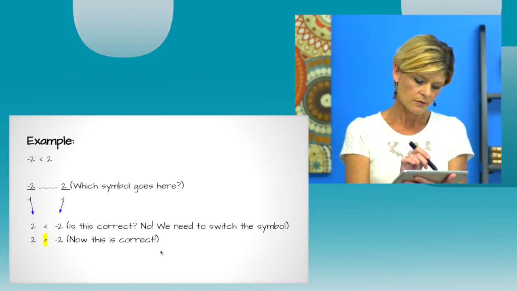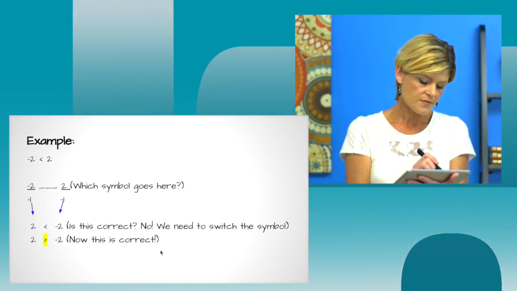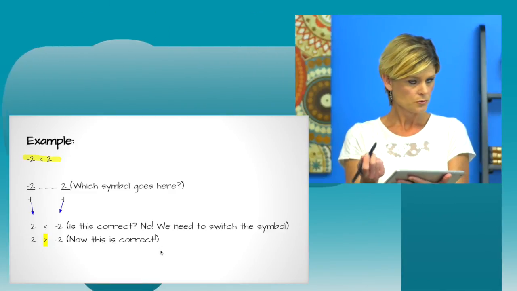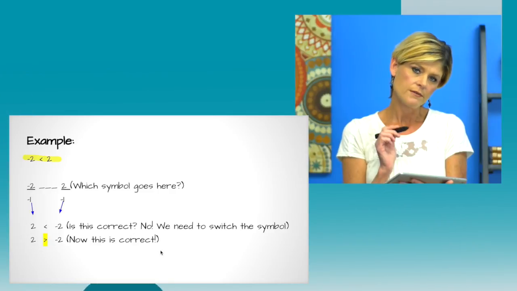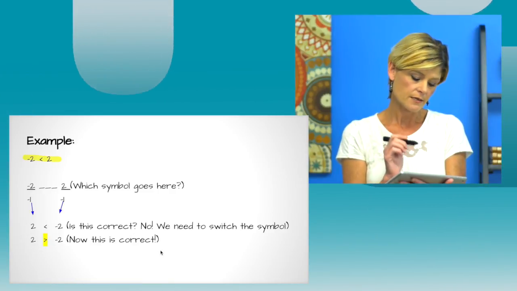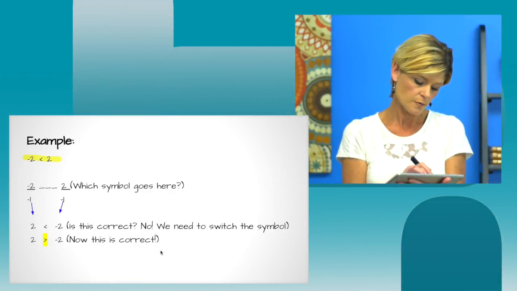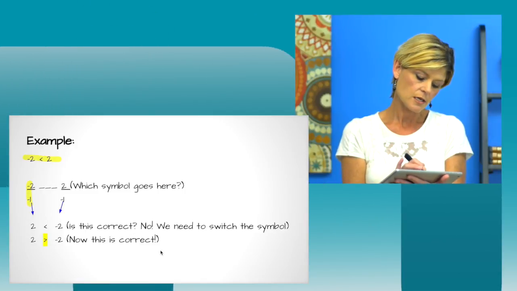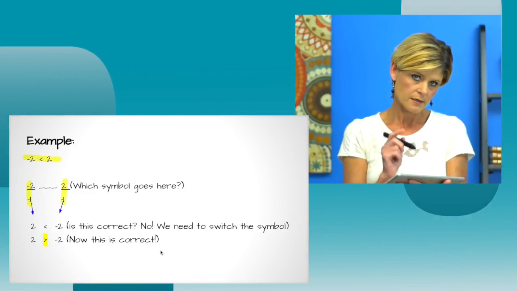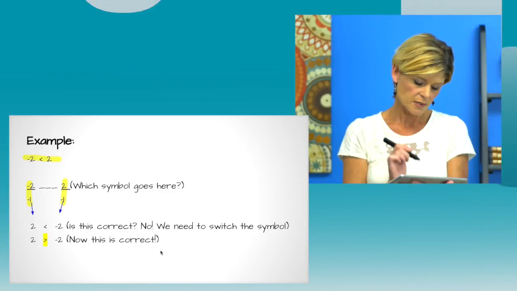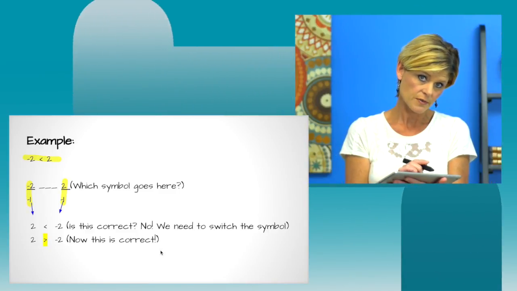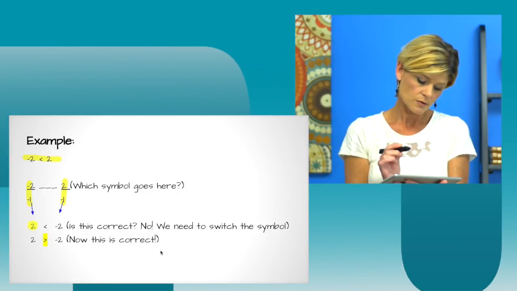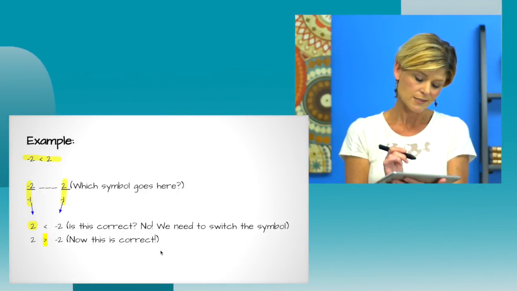Let's take a look at why this is true. If I have negative 2 is less than 2, true statement, correct? If I am asked to divide both sides by -1, I'm going to divide the -2 by -1, and I'm going to divide the 2 by -1. I'm dividing by a negative number. Watch what happens. -2 divided by -1, a negative divided by a negative is a positive, so it's 2.